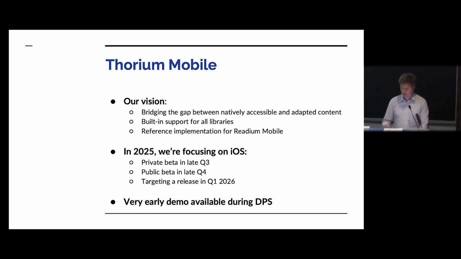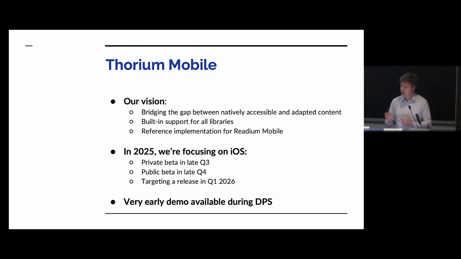The first one that we always put on the top is the idea of bridging the gap between natively accessible and adapted content. What we see is that we have very different formats, very different reading apps, different protocols in the adapted world compared to the EPUB world.